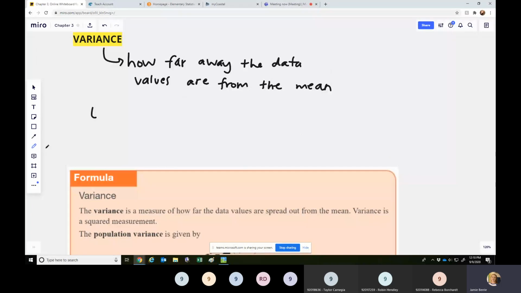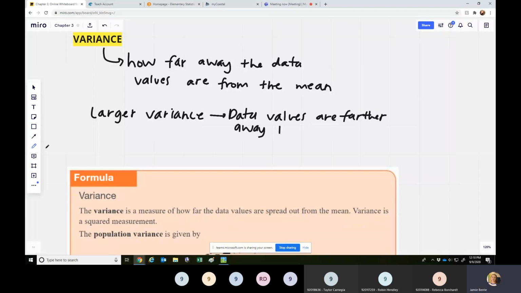So with that said, if you have a larger variance, that's going to mean that your data values are farther away from the mean. And similarly, a smaller variance would tell you that the data values are closer to the mean.